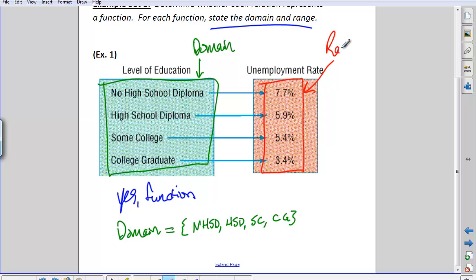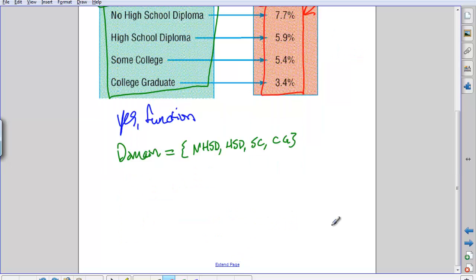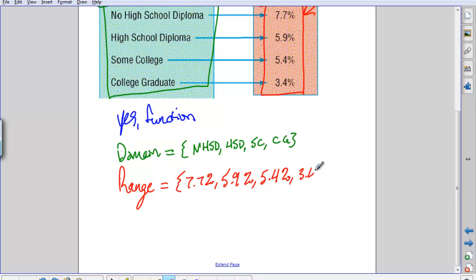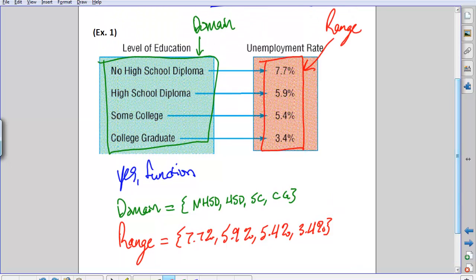Those values right there that are your output values of that function, those are the range of the function. So again, just listing those, the range is 7.7%, 5.9%, 5.4%, and 3.4%. So there I've completed that. I've got my domain and my range here listed. Again, the domain is always your inputs. The range is always your outputs.